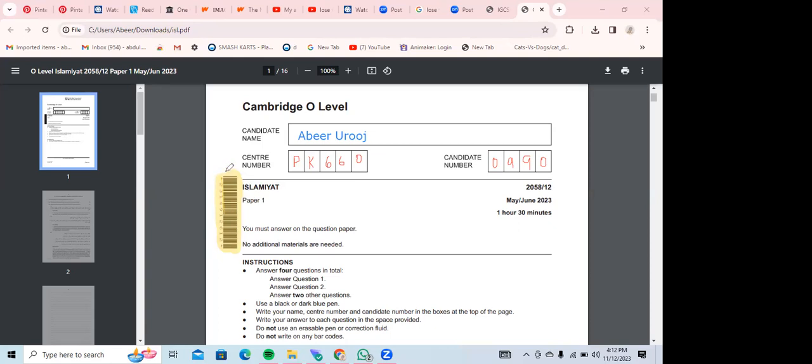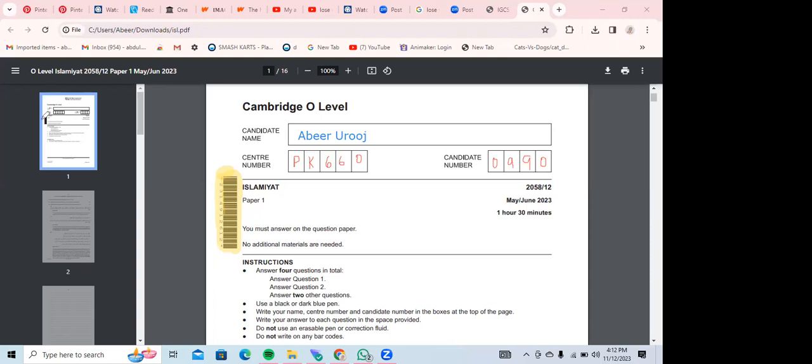Because of this barcode, it will connect to the candidate's computer, and that is why you don't have to write on that. Sometimes candidates write on this barcode, and because of that, the paper doesn't go to the examiner, and the paper doesn't get checked. Okay. Do you all understand?